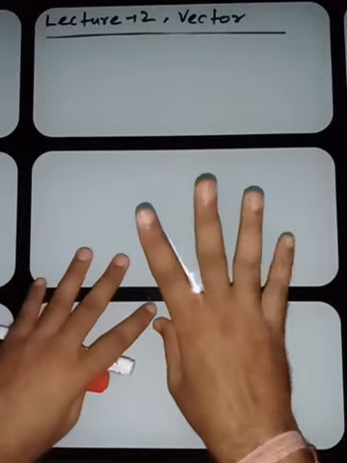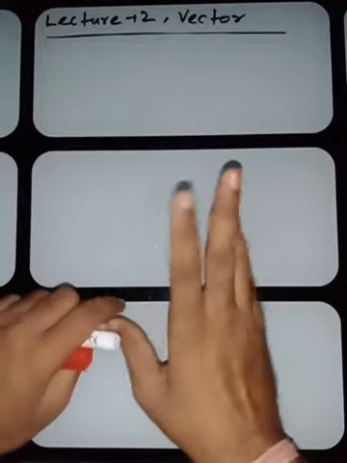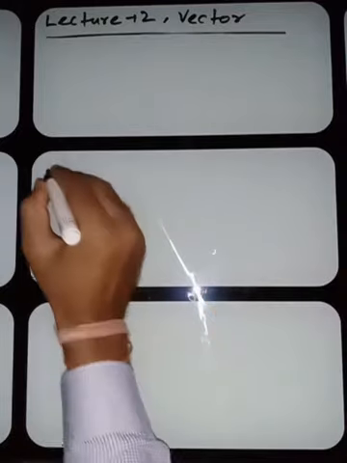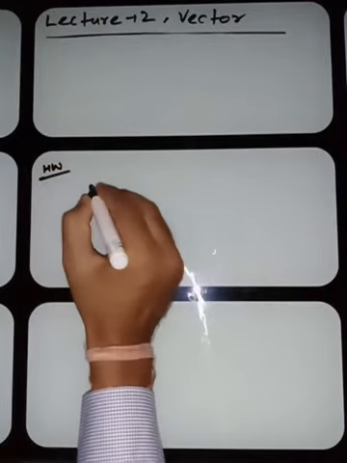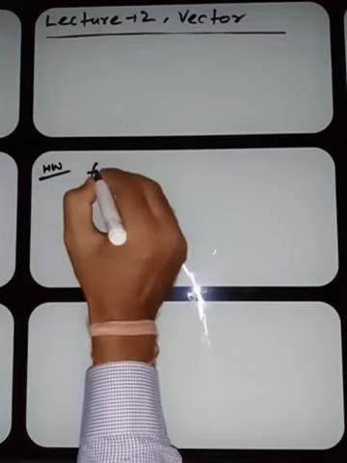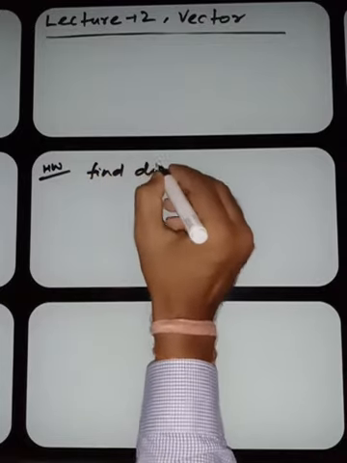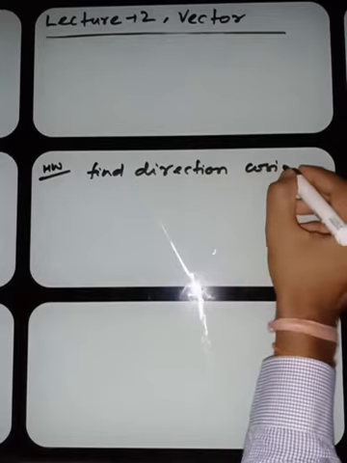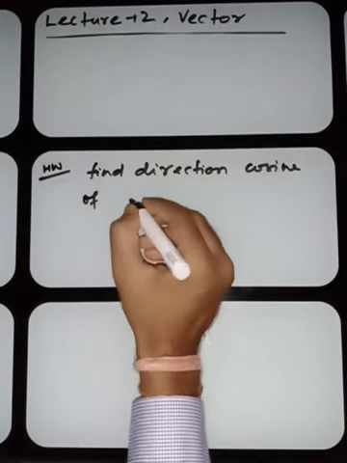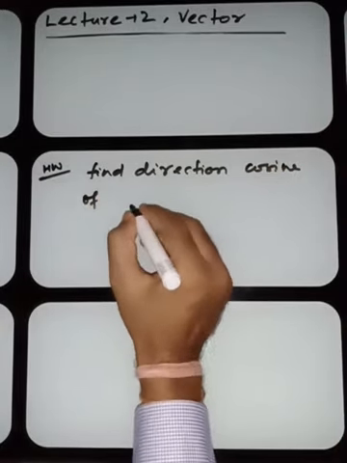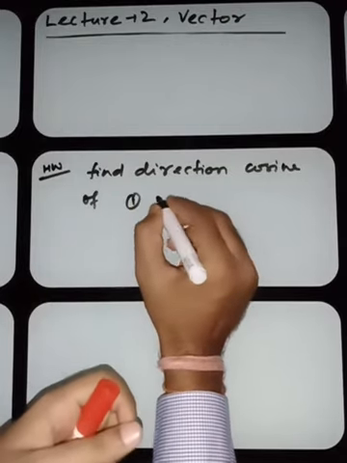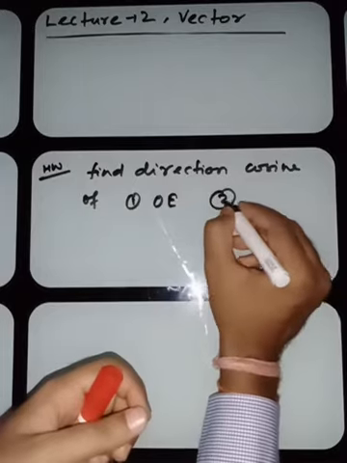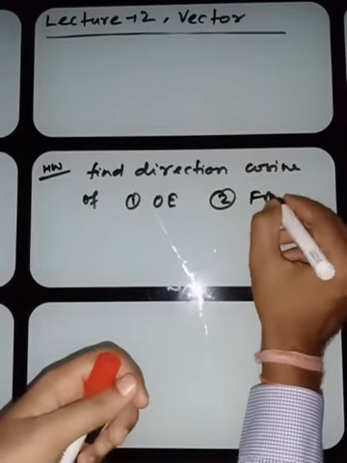Okay, so right now you have to do your next homework. Find the direction cosine of first OE and the second FB.